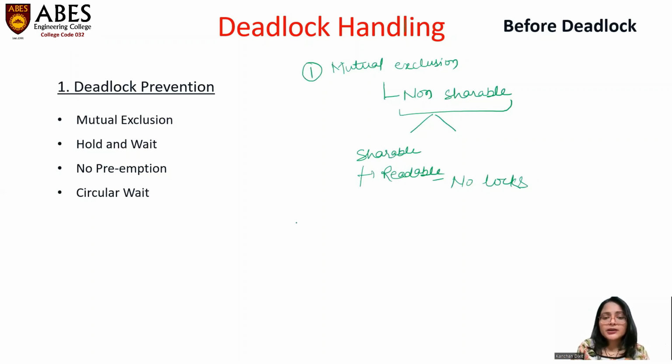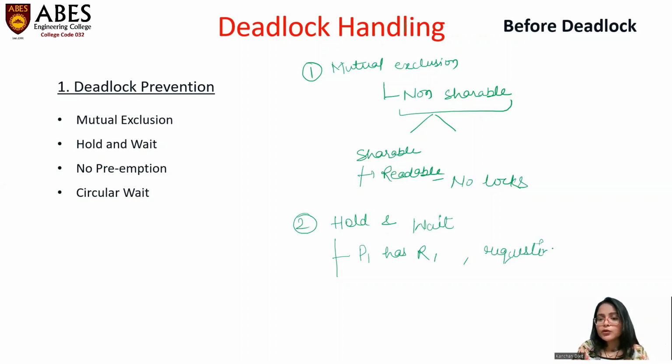Now, the second condition is hold and wait. In this condition, the process is holding a resource and trying to get access to another resource. To prevent the deadlock with this condition, suppose process P1 has R1 and is requesting R2. What can we do?